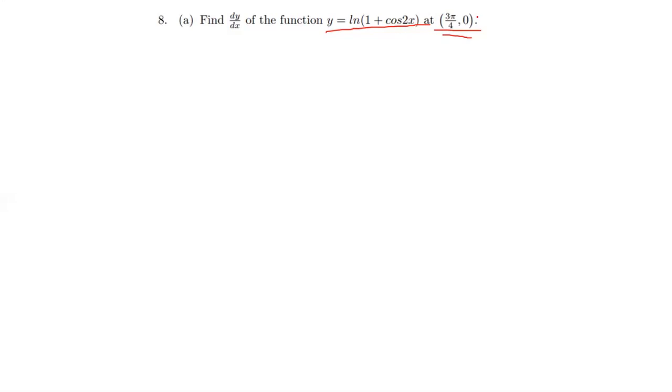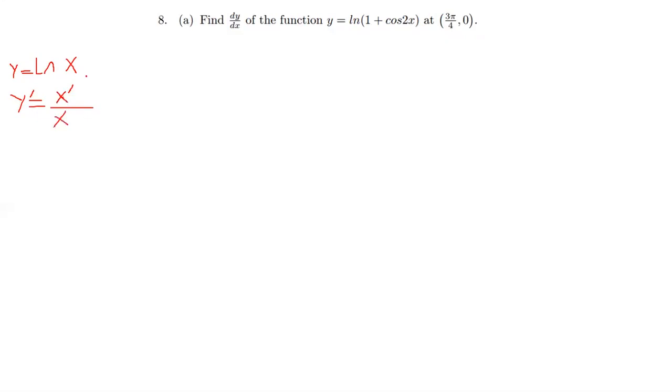So what you do here is first find dy/dx, as the question states. When you have the ln of any number x, let's say this is equal to y, to find y prime you first differentiate this x, meaning x prime, and then divide by the original function x. That's the way it is.